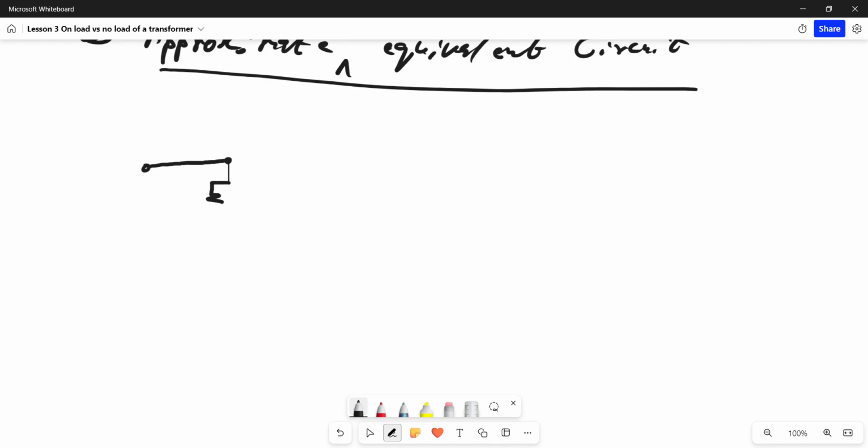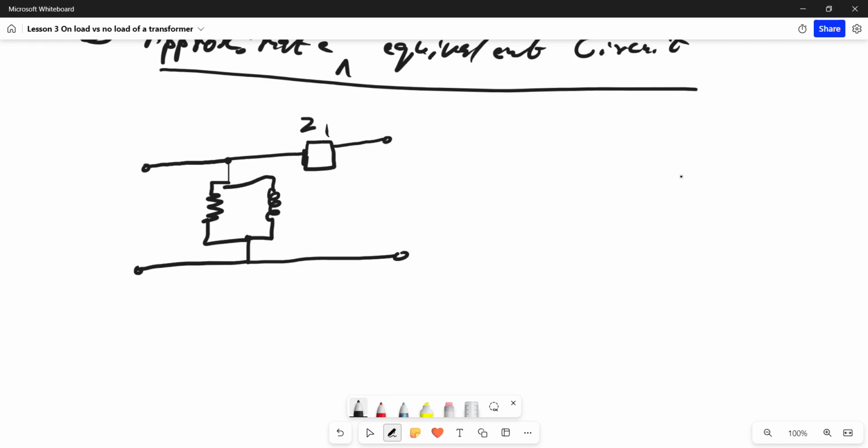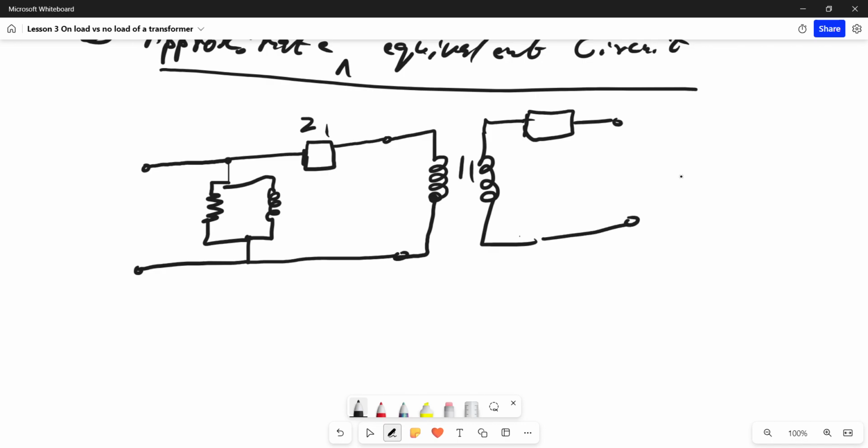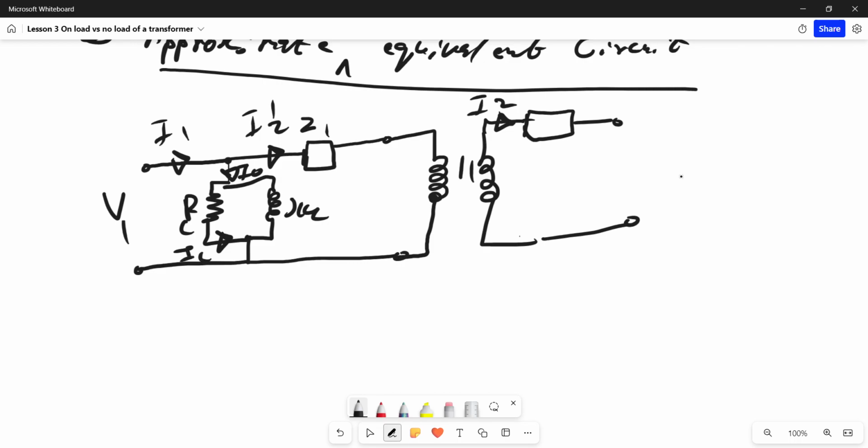So you have RC, XU, and then this is Z1, with IO, IC, IU, E1, E2.